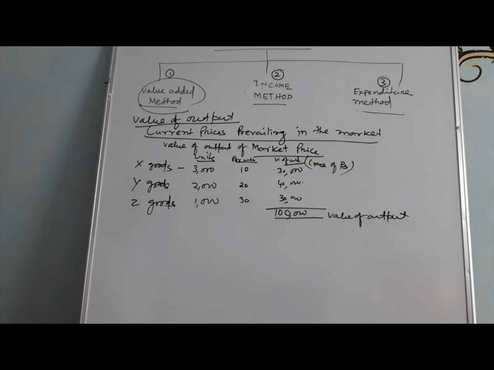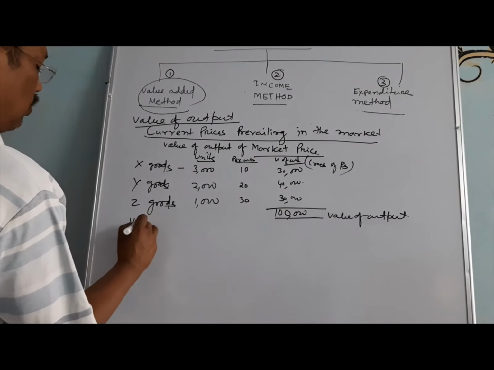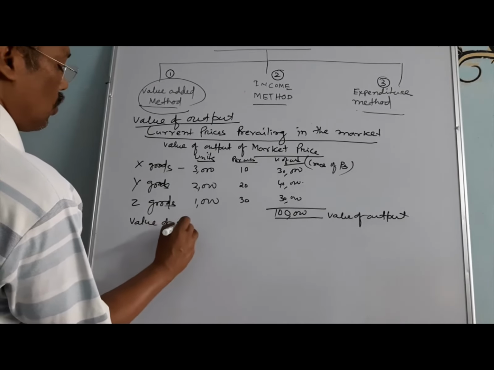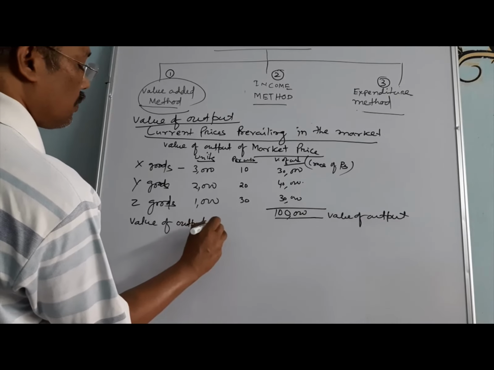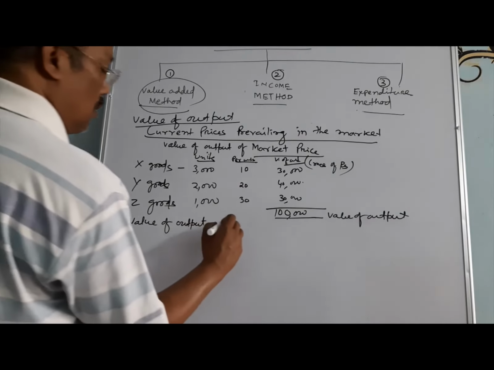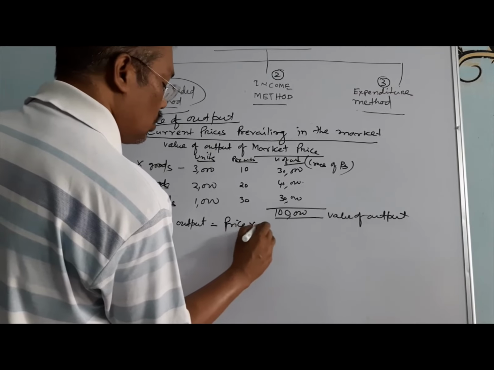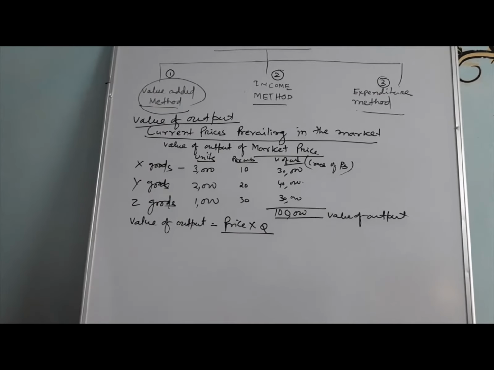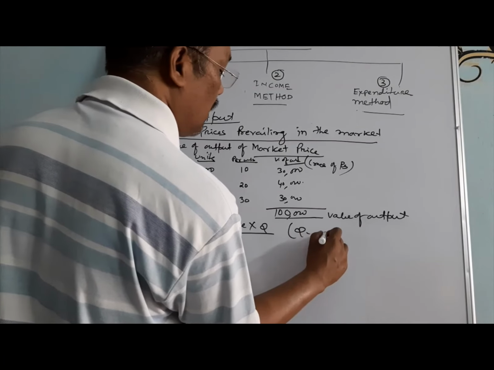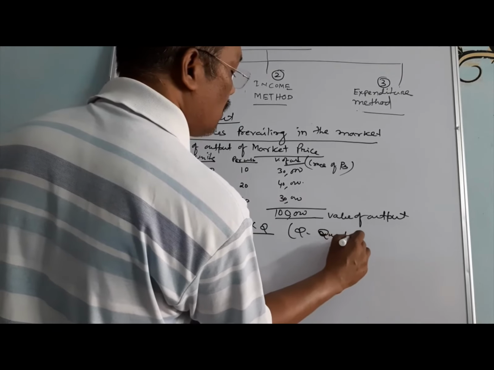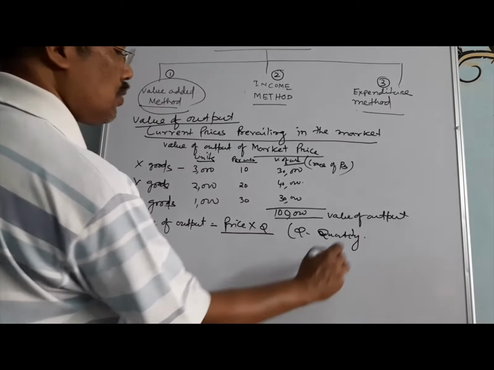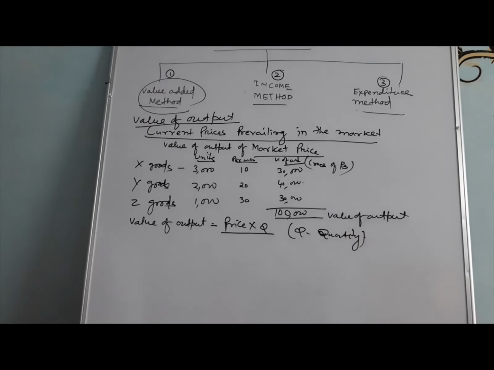So what is the formula of the value of output? Value of output equals price into quantity. Here Q is the quantity of output. What do you mean by quantity here?